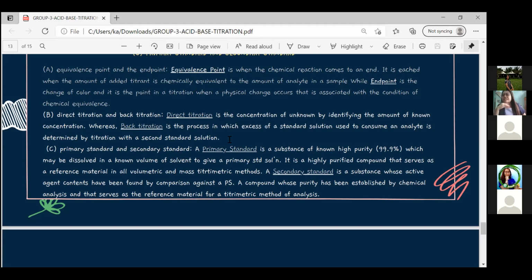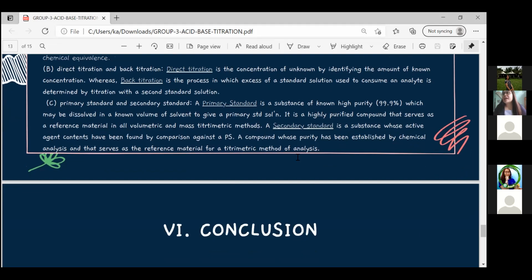The difference mostly is that the primary standard is solid and very pure, and the secondary standard is a liquid, in solution. Okay? That's their only difference, and there is no established purity standard for secondary standards. But mostly, what we use most in the laboratory, class, is secondary standards.